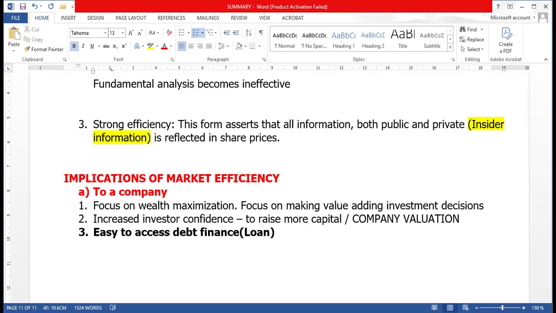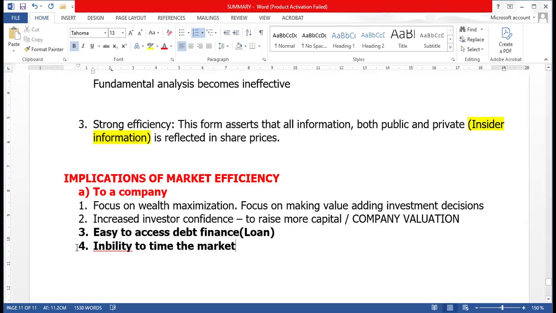Then next, the negative side. On the negative side, we are looking at things like inability to do what? Inability to time the market.